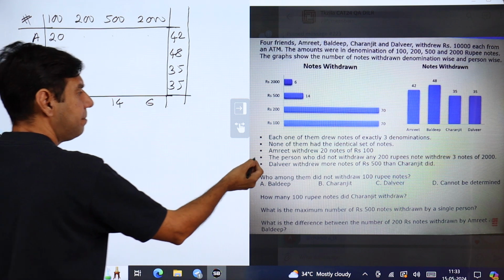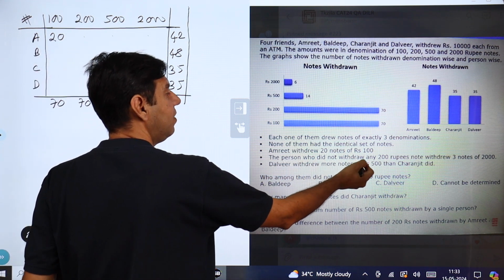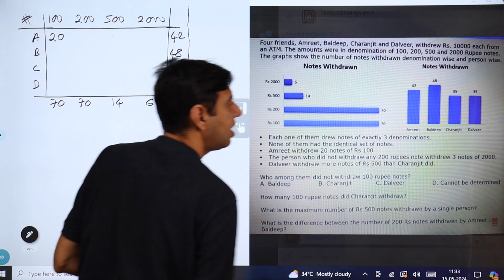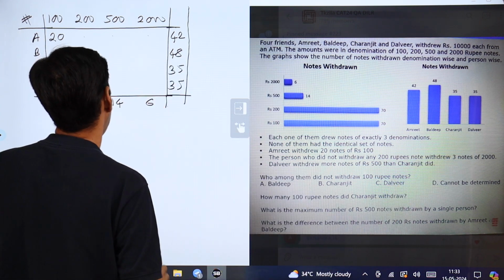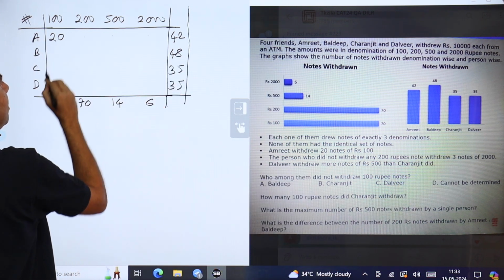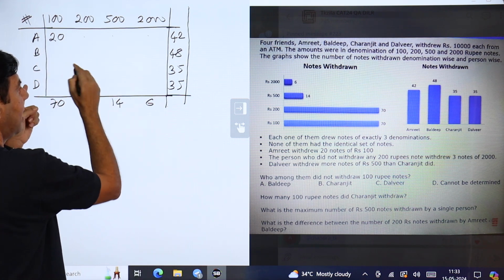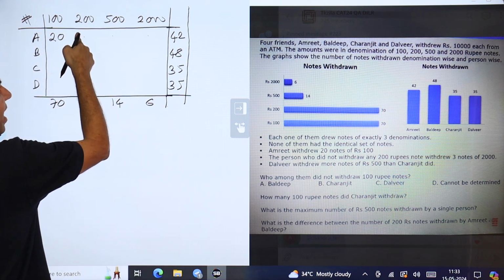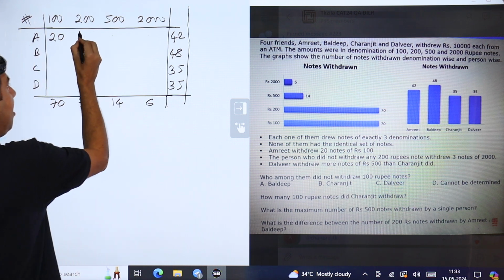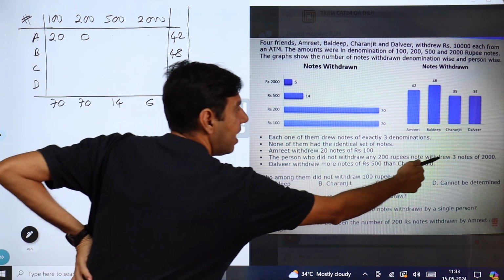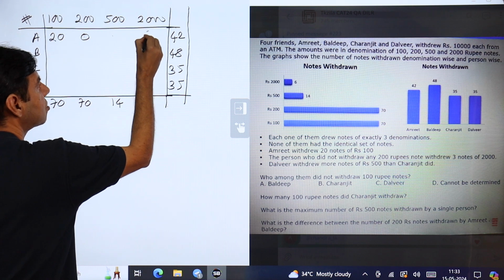The person who did not withdraw 200 rupee notes withdrew 3 notes of 2000. So someone did not withdraw a 200 rupee note, but I don't know who it is. Okay, and it could be this guy also. But then if this is 0, this guy did not withdraw, then he should have withdrawn 3 notes of 2000.